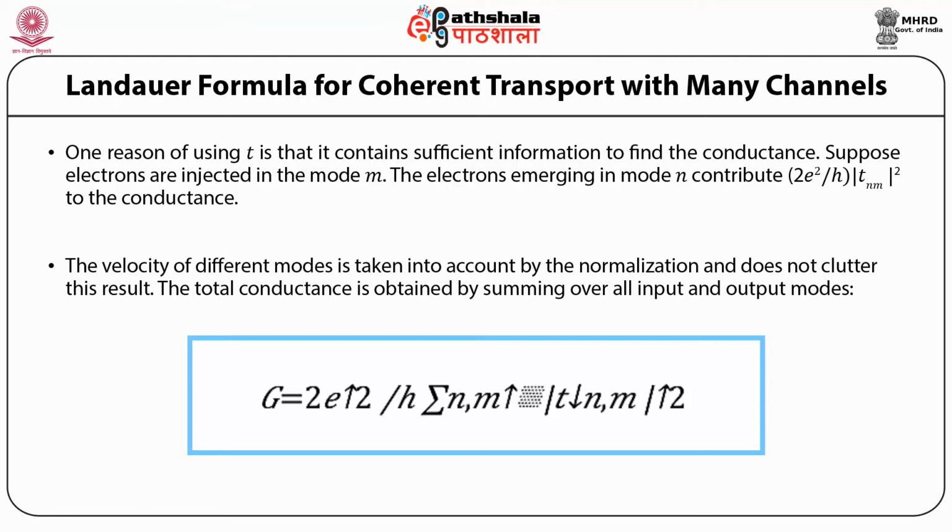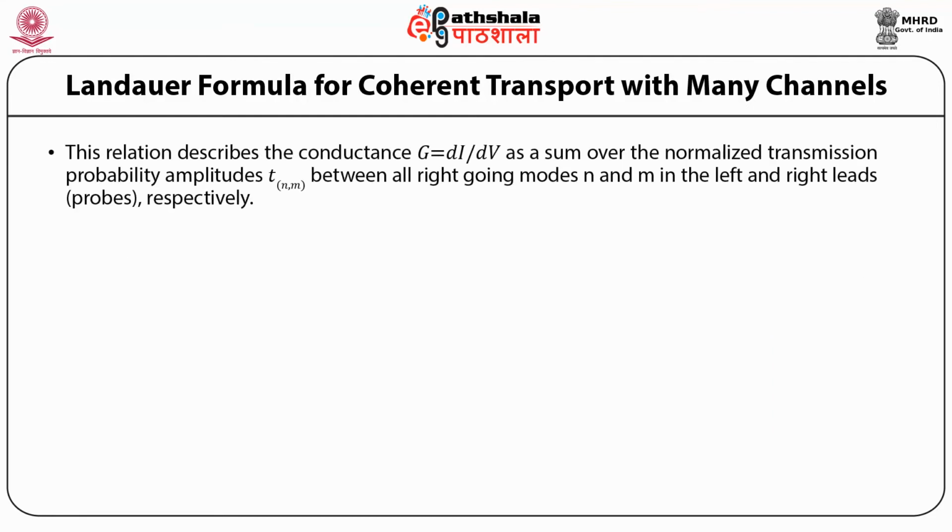So the total conductance is obtained by summing over all the input and output modes, that is G equal to 2e² by h multiplied by summation over nm of modulus Tnm squared. So this relation describes the conductance G equal to dI by dV as a sum over the normalized transmission probability amplitudes Tnm between all right-going modes n and m in the left and right leads respectively.